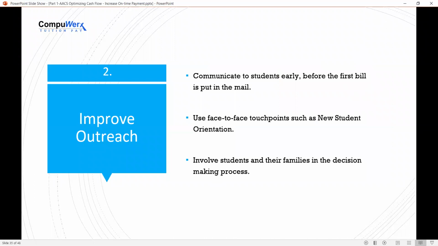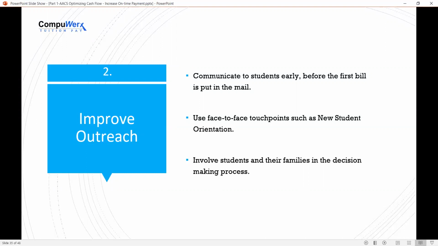Number 2, improve outreach. Communicate to your students early, even before the first bill goes out. Almost every school has a new student orientation.